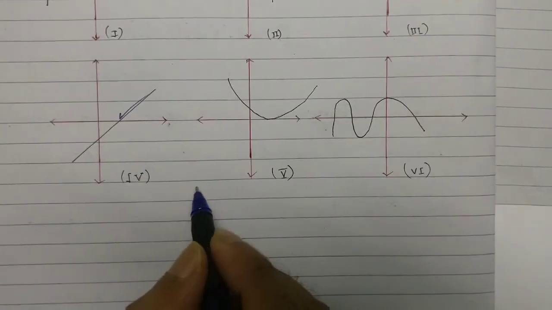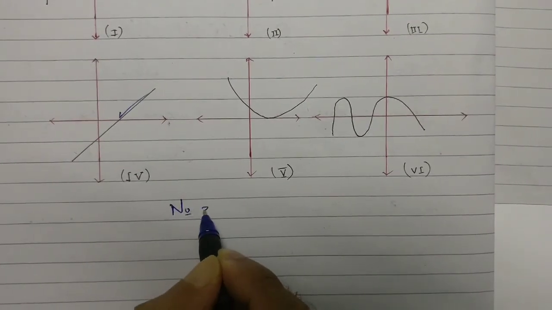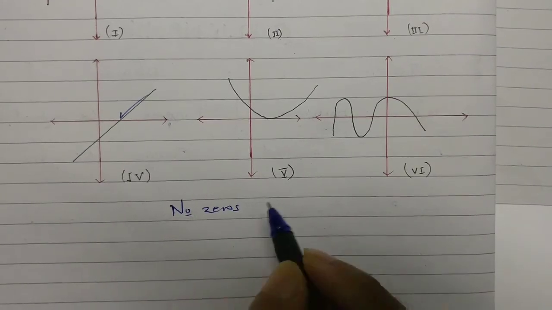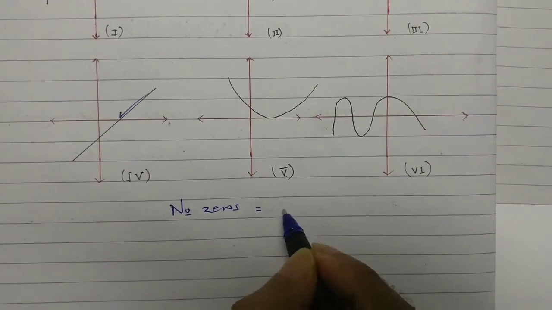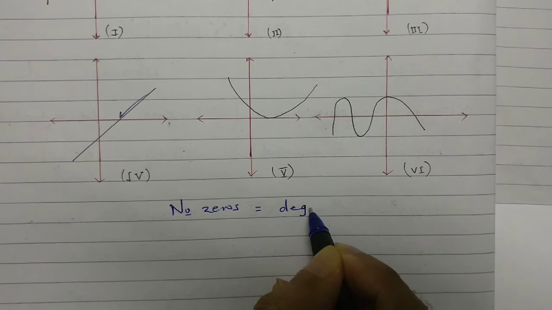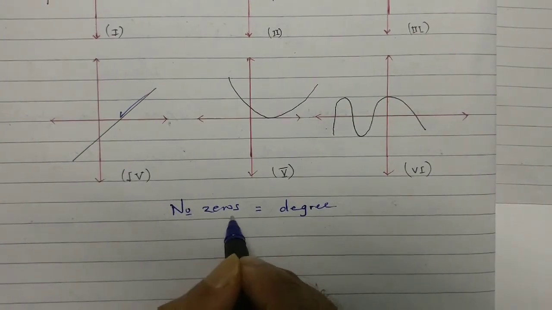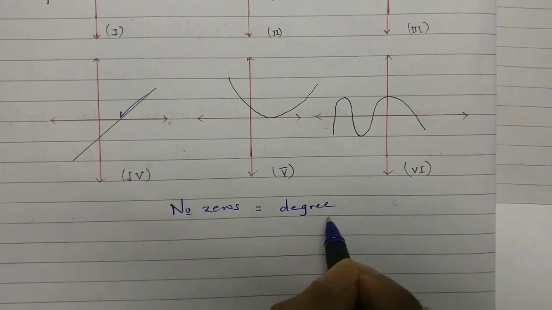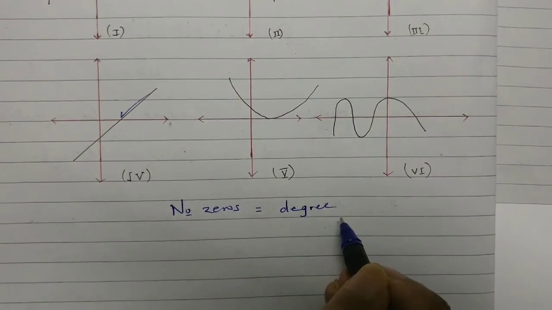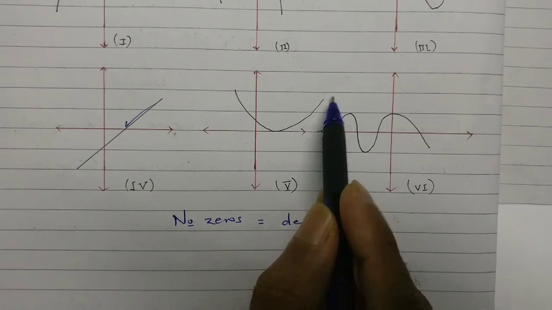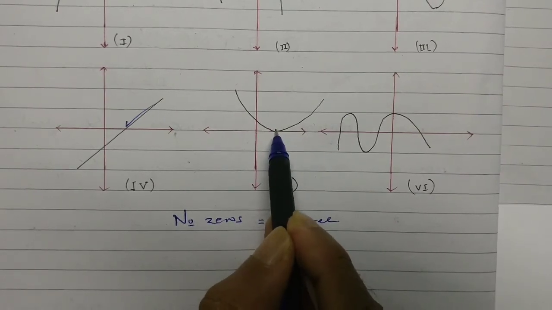The number of zeros is equal to the highest degree of the polynomial. Number of zeros is equal to the degree of the polynomial. So in this case, it touches the x-axis once.